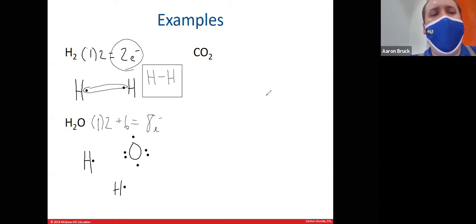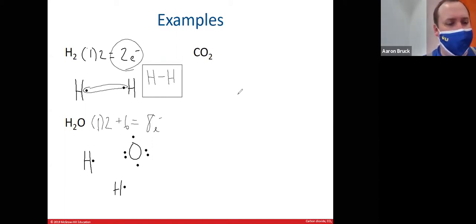A word of warning, hydrogen is never a center atom. Since it can only form 1 bond, it is pretty much limited to being on the outside always. So hydrogen's always going to be the last pick to be a center atom. It bonds with itself. It makes single bonds with everything else that it encounters.